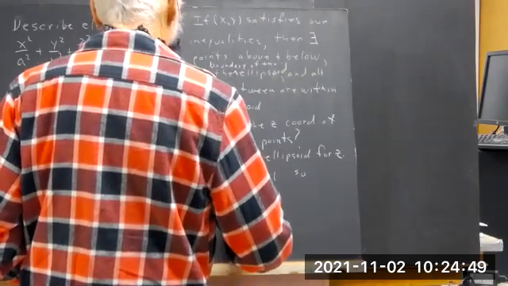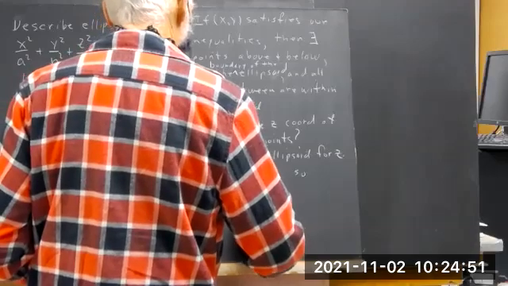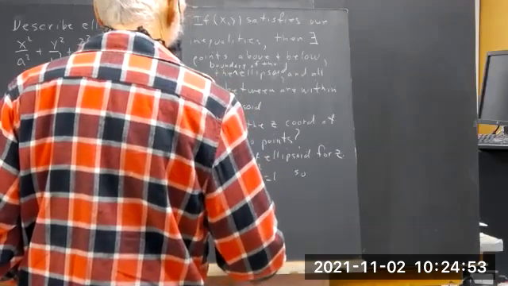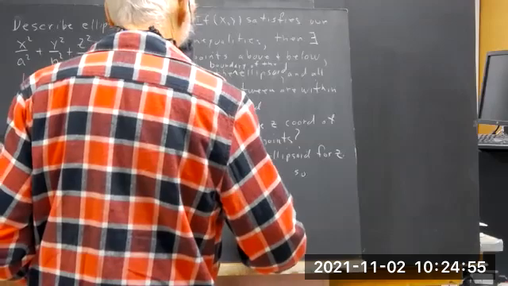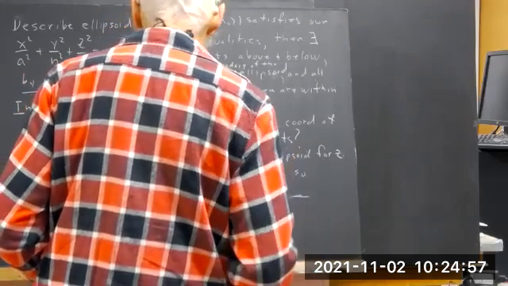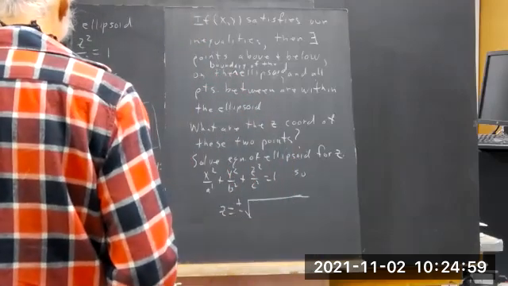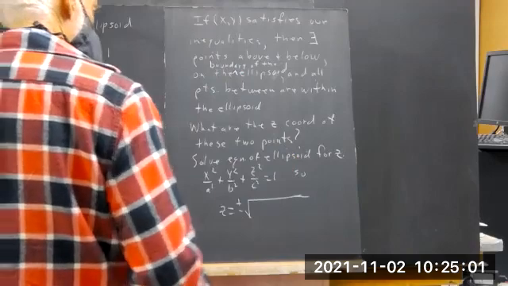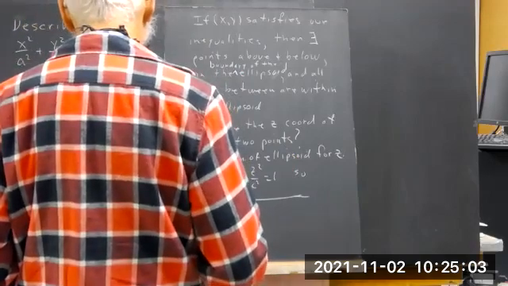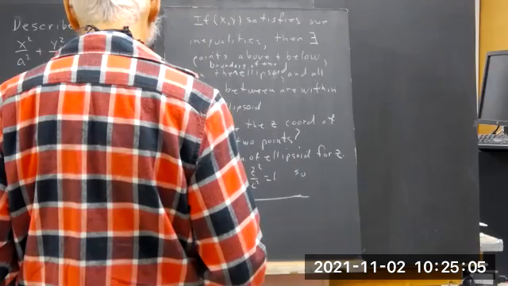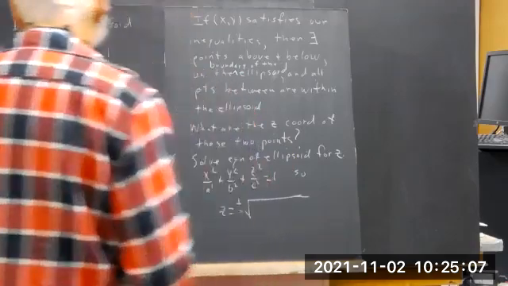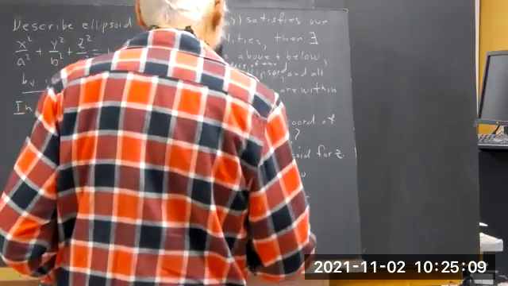So z is plus or minus the square root of... okay, let me square it off.